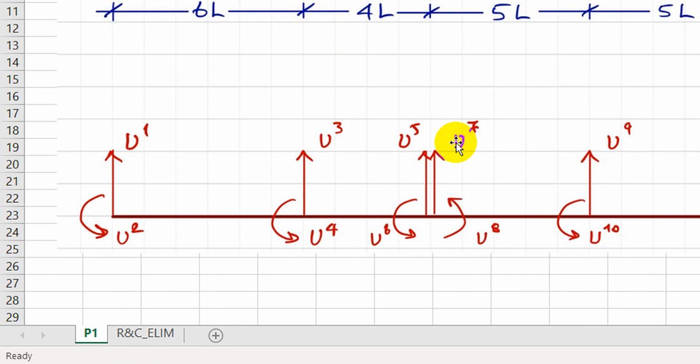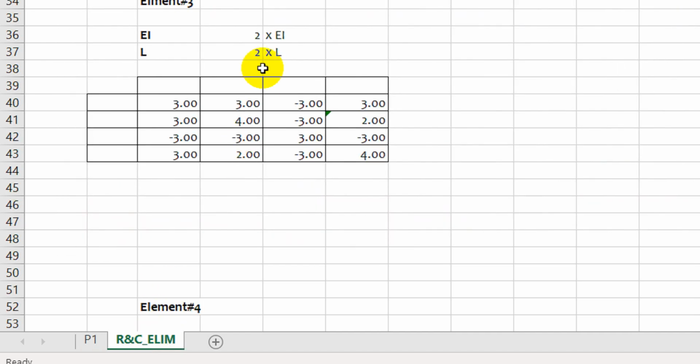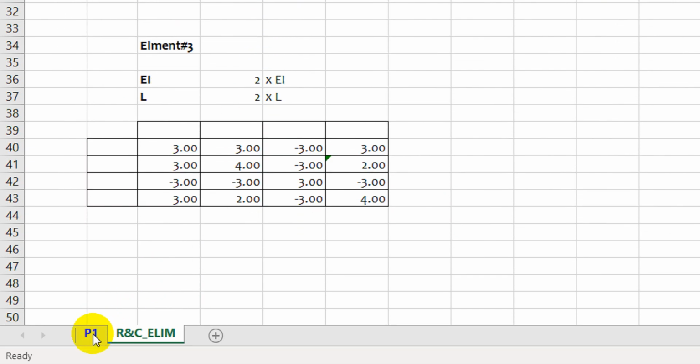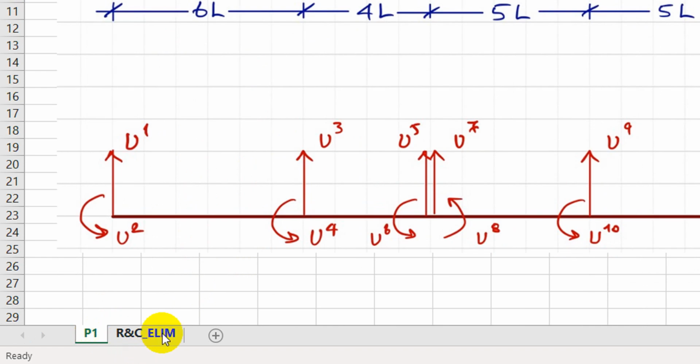But now, as we use just row and column elimination, we will be cutting U7 out. Since U5 and U7 are identical, it is the hinge condition. Hinge condition doesn't allow moment. You have free rotation on the left and right side, but the deflection has to be identical for U5 and U7. So we don't really have to keep U7 in here.